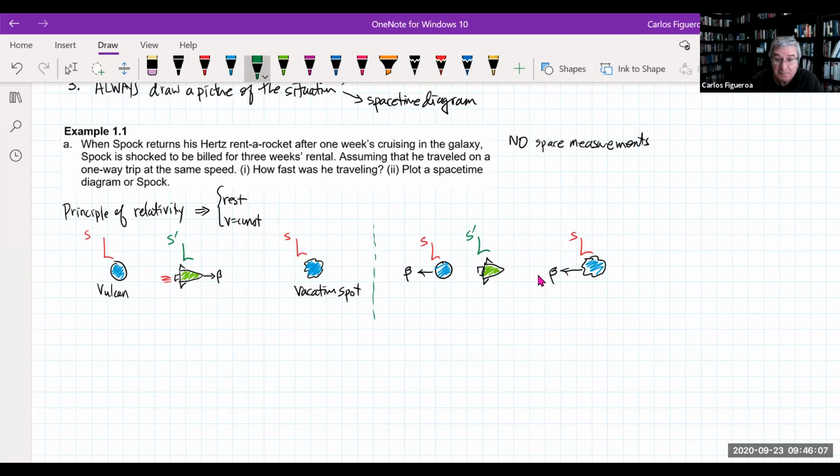So let's pick one of the frames here. So if I look at this spot here, we agreed that Vulcan and this vacation spot are two different locations. Since they're in the same inertial frame, that means when I look at these spots here, I'm seeing that the Earth and this vacation spot are not moving through space.